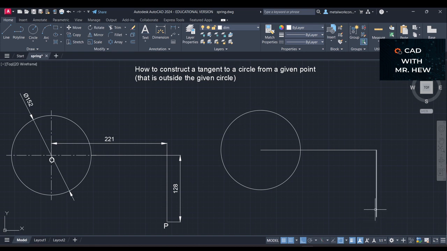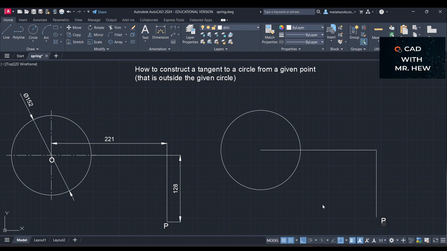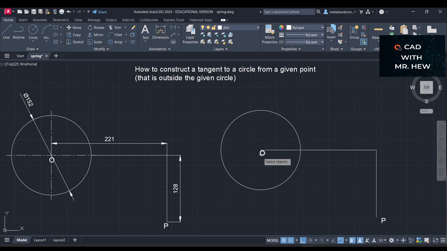Let us label that. So this is point P, and this one is point O. Move it down a little bit, it's a bit too close. We want our drawing to look neat.